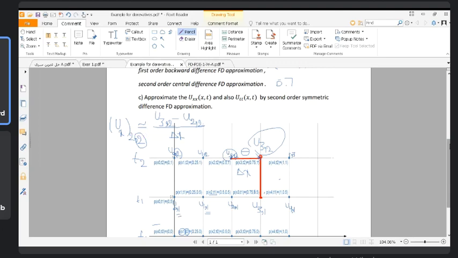Okay? We need to compute U3 and 2 and also U2 and 2. Let me compute U3 and 2.